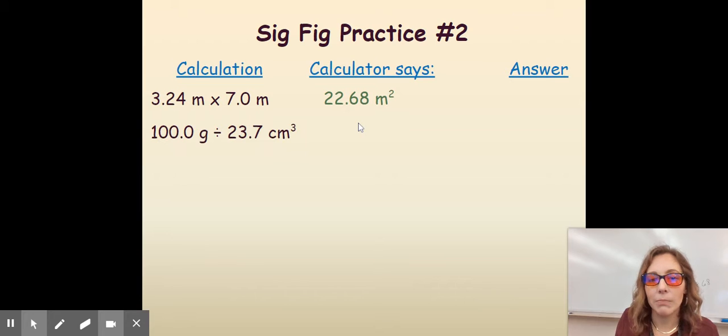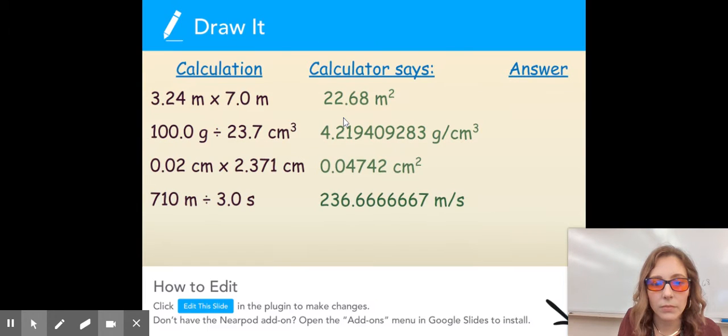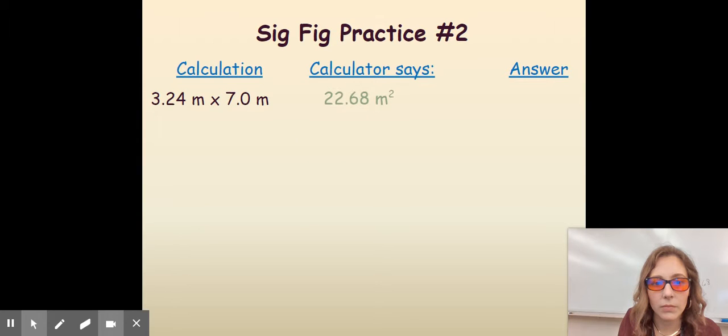So let's say that this is the calculation here and you plug it in and this is what your calculator is telling you. Well, 3.24 times 7.0. Multiplication is sig figs. So 3.24 has 3 sig figs. 7.0 has 2 sig figs.